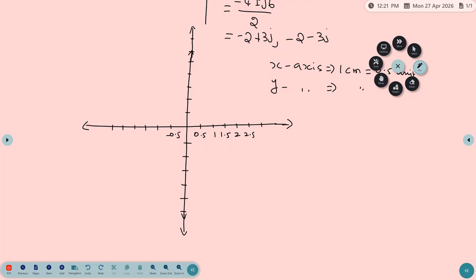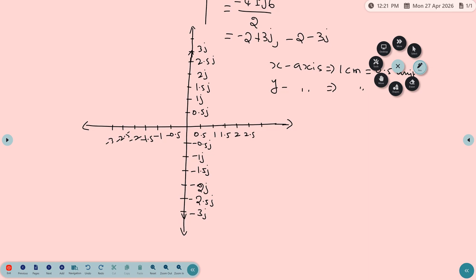Here minus 0.5, minus 1, minus 1.5, minus 2, minus 2.5, minus 3. The y-axis is j, so again 0.5j, 1j, 1.5j, 2j, 2.5j, 3j. Here minus 0.5j, minus 1j, minus 1.5j, minus 2j, minus 2.5j, minus 3j. So this is the graph sheet.